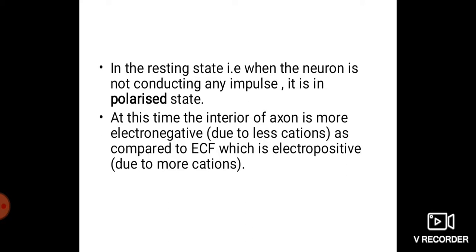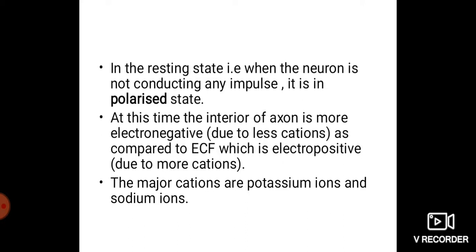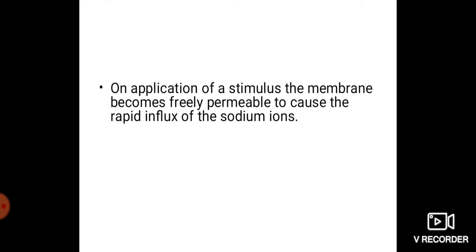The positivity outside the neuron is due to the presence of a large number of sodium and potassium ions in the extracellular fluid. The major cations are potassium ions and sodium ions.